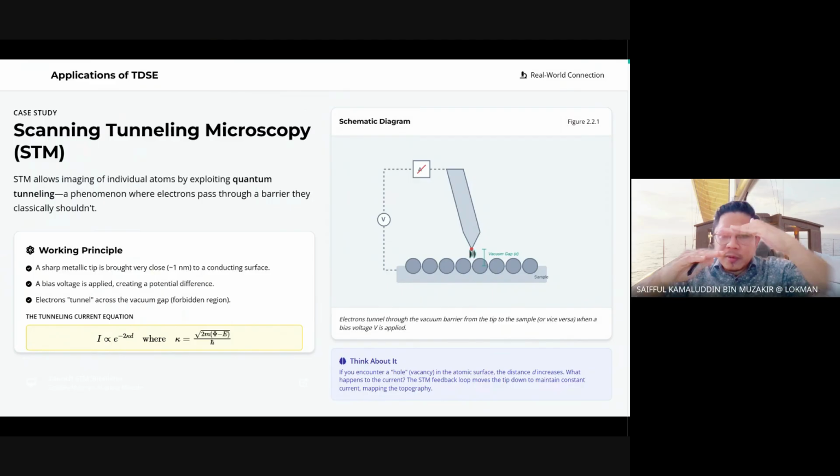With that very small gap, the electron could pass through the barrier and give us information about the surface of the sample. This is one of the clearest examples of why the Schrodinger equation matters in real technology. Later we will have this calculation.